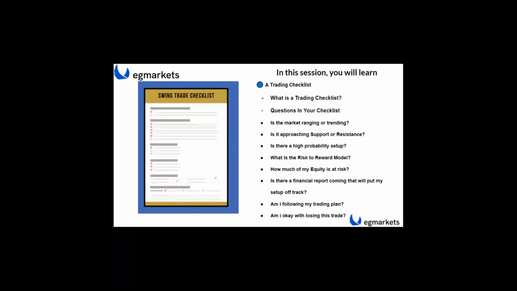So once you've been able to ask yourself, what is the risk to reward model? I use the risk to reward. My personal risk to reward model is 1 to 3. If I'm risking $1, I want to make $3. If I'm risking $10, I want to make $30. That is my risk to reward model.